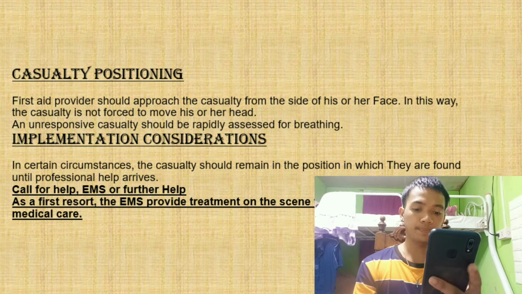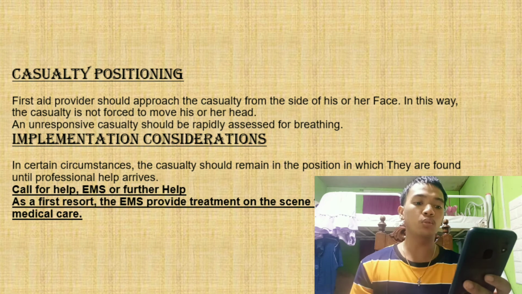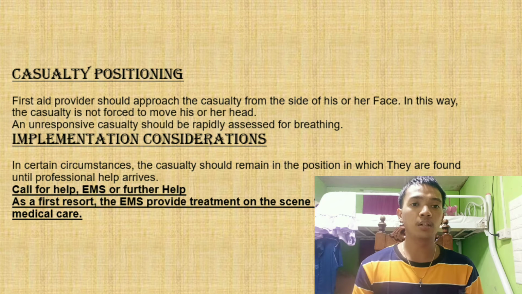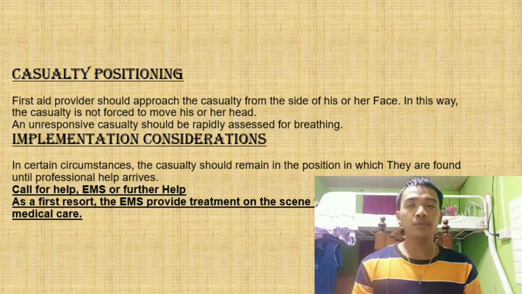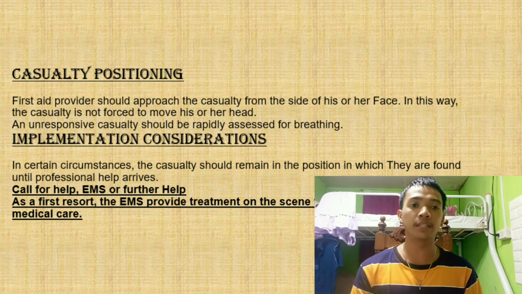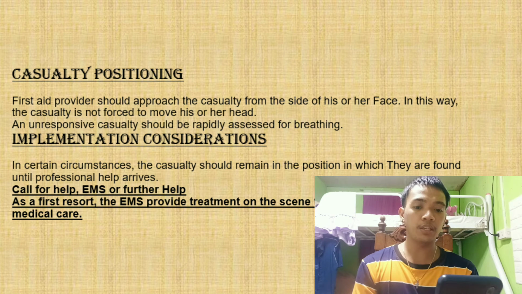Casualty positioning. It should stabilize the position of the casualty or let them rest, and you should look for any other injuries on the parts of the body of the casualty and check their breathing. Implementation considerations.